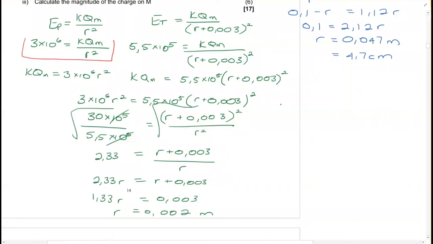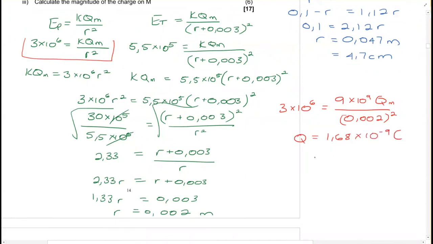So I've got 3 times 10 to the 6 equals 9 times 10 to the 9 times my Q over, now I've got the distance is 0.002 squared, and then I solve for Q, and I get Q equal to 1.68 times 10 to the minus 9 coulombs. Times 10 to the minus 9 is nanocoulombs. You don't have to put it in nanocoulombs, but it's good to practice.